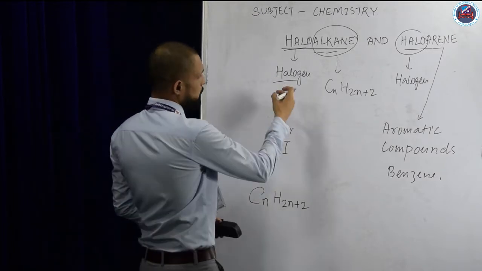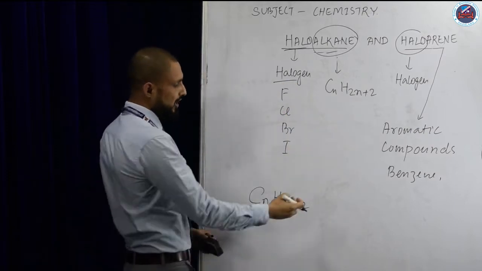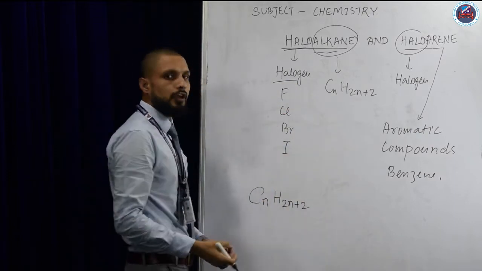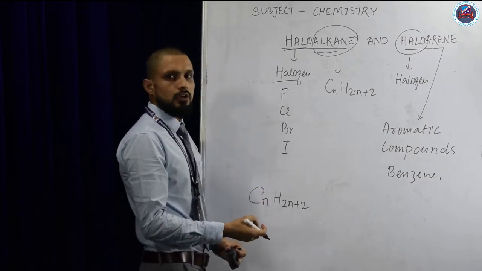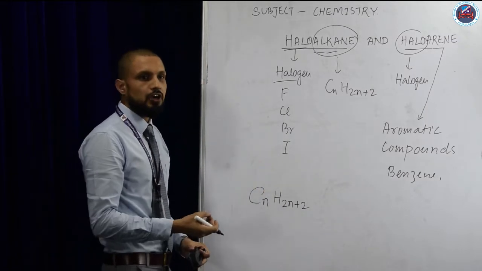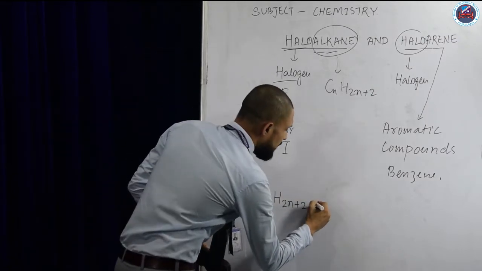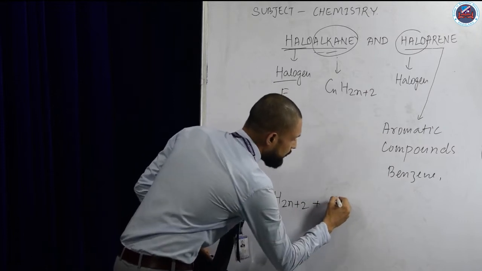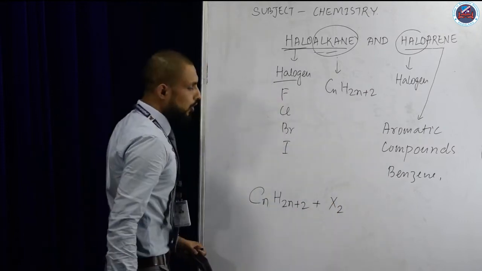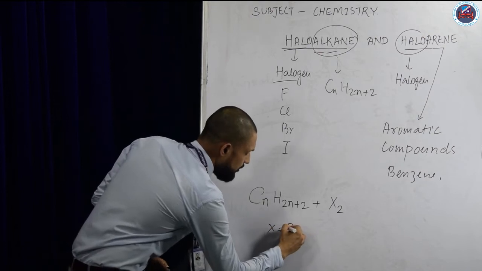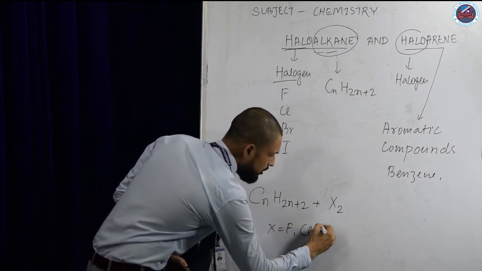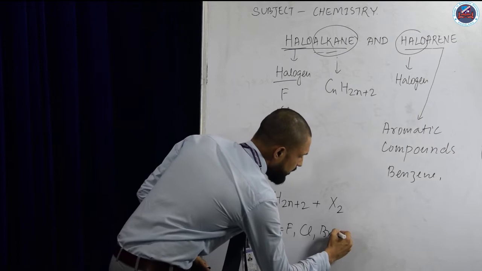That means if you are taking fluorine, you will write F2. If you are taking chlorine, you will write Cl2. For bromine, you will write Br2. And in general, it is written as X2, where X can be fluorine, chlorine, bromine, or iodine.